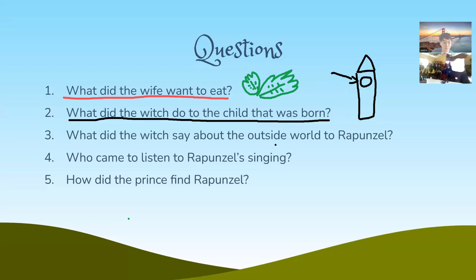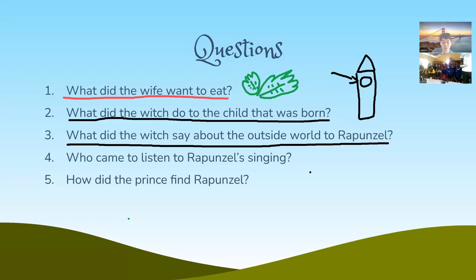So the third question is, what did the witch say about the outside world to Rapunzel? What did the witch call the outside world? Does anyone know? Told Rapunzel the outside world is evil.